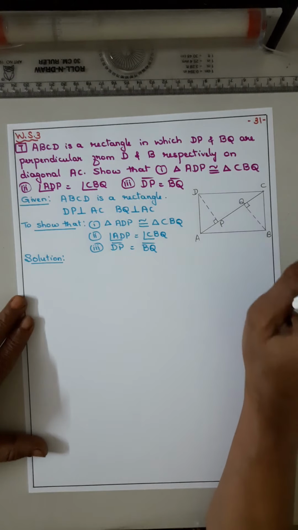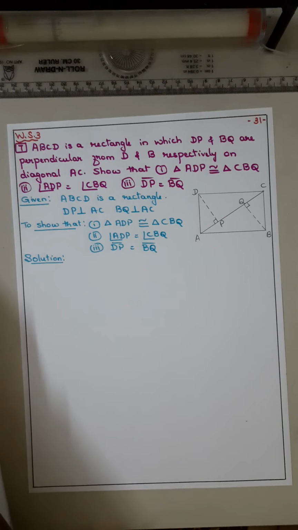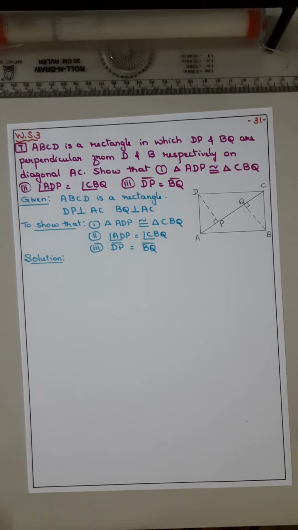Second, angle ADP is equal to angle CBQ. And third, DP is equal to BQ. Once the triangles are congruent, then directly the other two follow by CPCT. You remember you have seen such sums last year also.